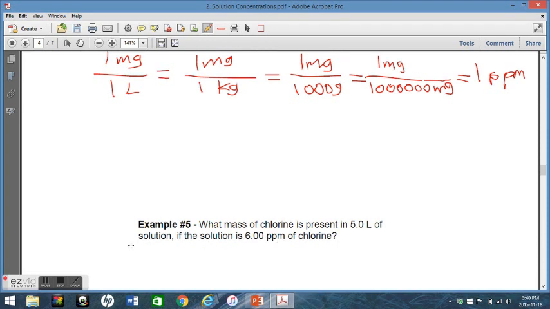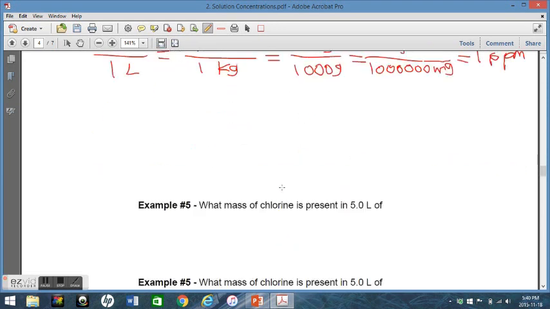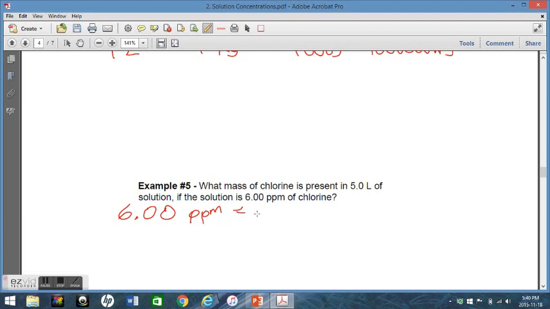Well, here we have 6 parts per million given, so let's use that number. 6.00 parts per million is equal to, well, if 1 milligram per liter is 1 part per million, then 6 parts per million is the same as 6 milligrams per liter.